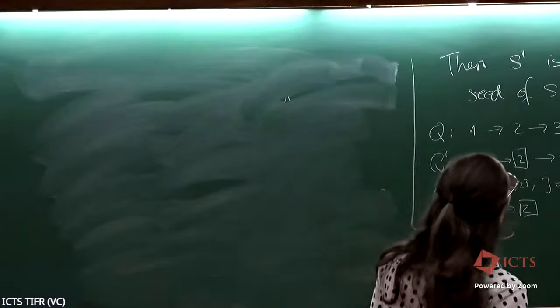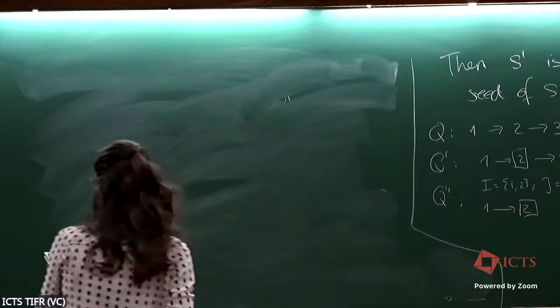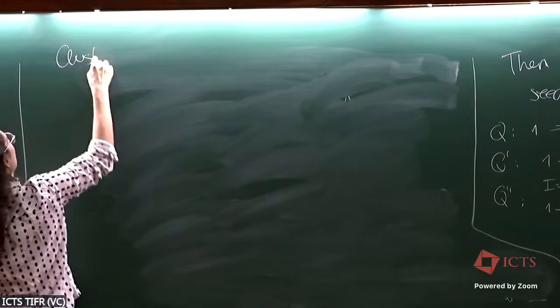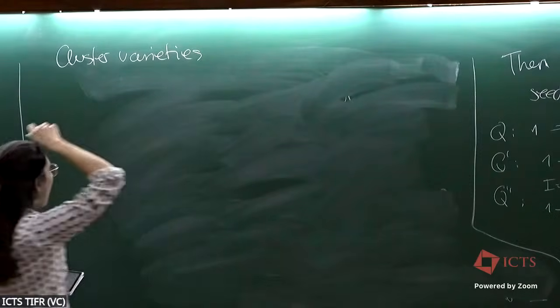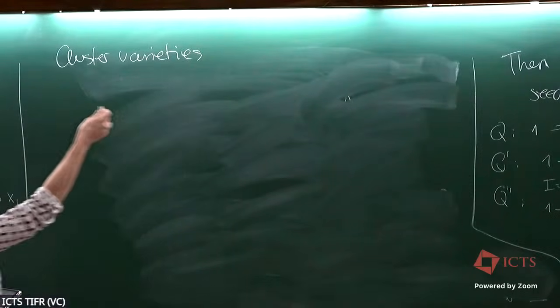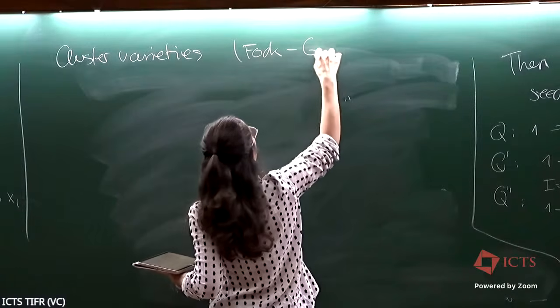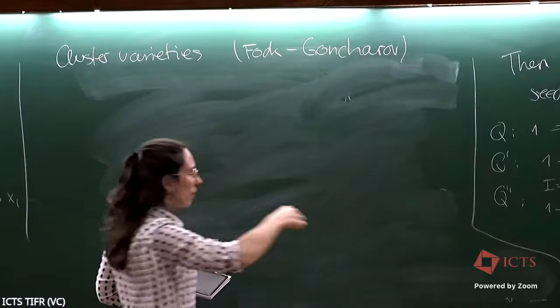I think I'm doing terribly on time, probably, but that's okay. I still want to get to cluster varieties. This theory was developed by Fock and Goncharov pretty soon after the introduction of cluster algebras.